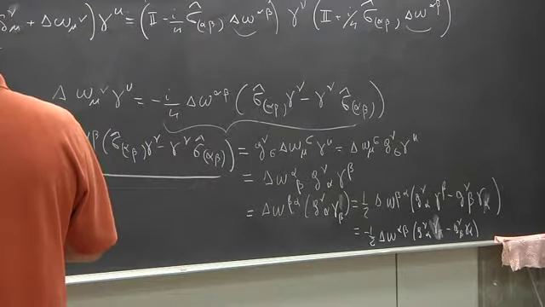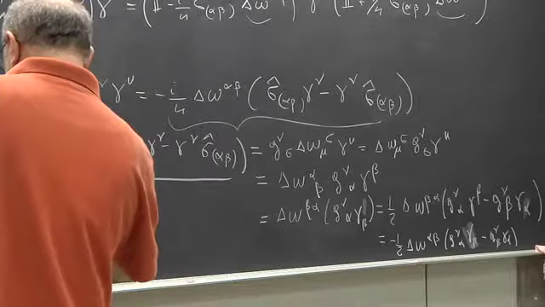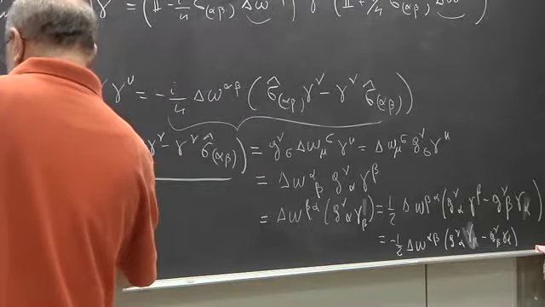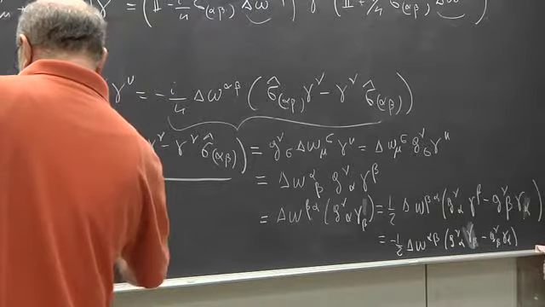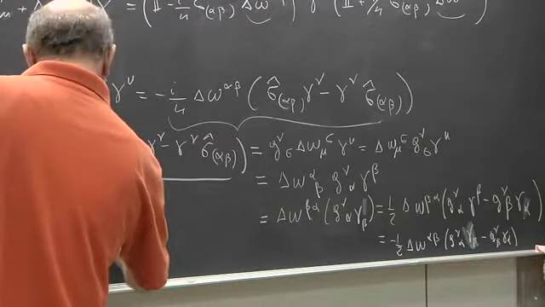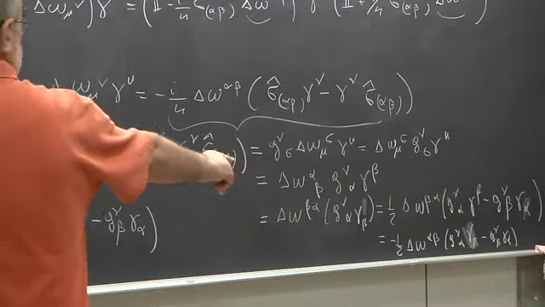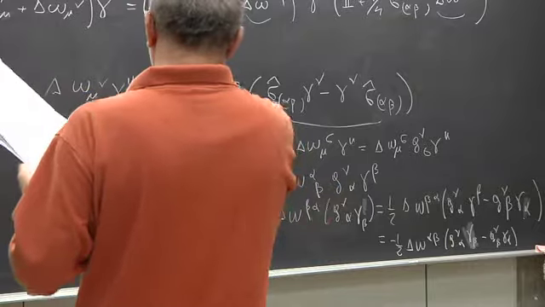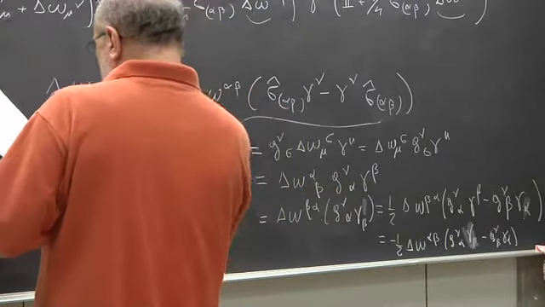Now 2i (G mu alpha gamma beta minus G mu beta gamma alpha) is that object where I have brought the i on the other side, and this one is equal.